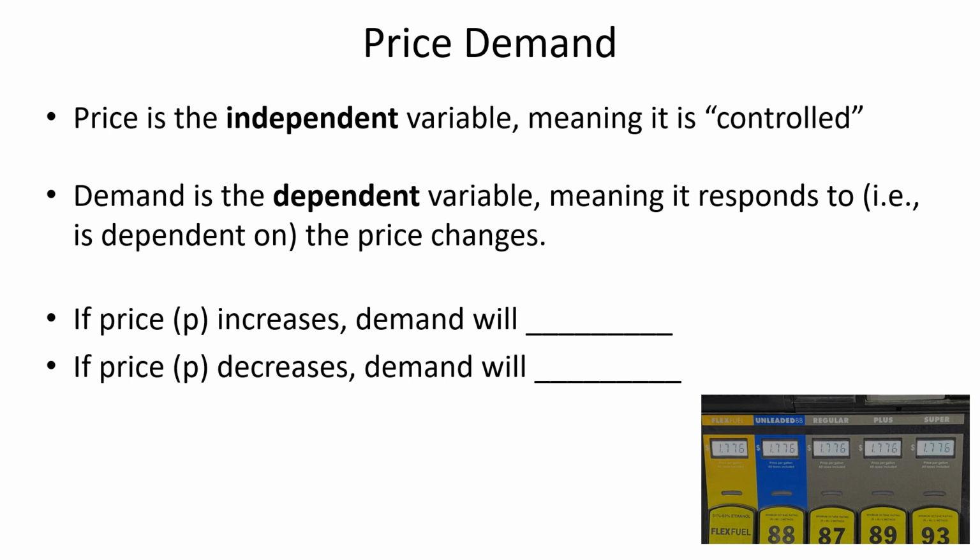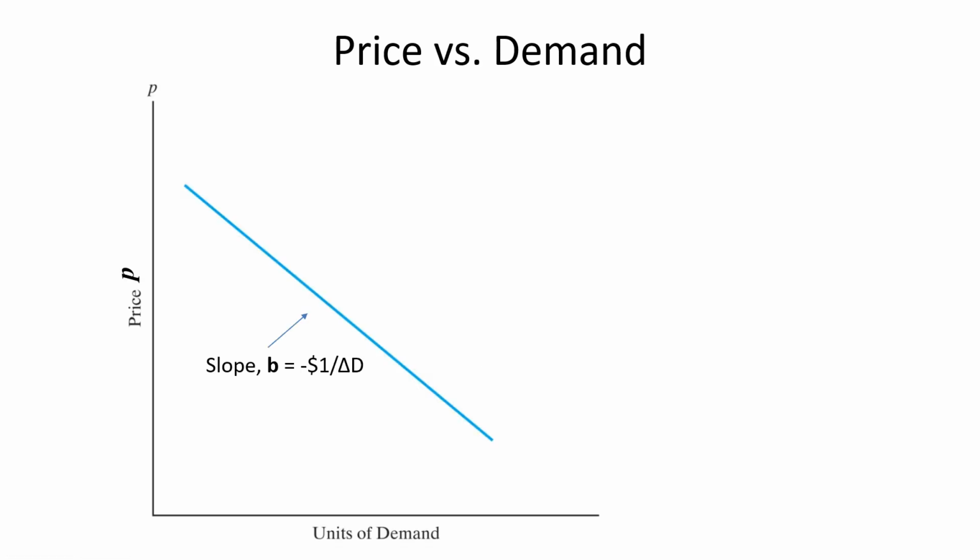So you can only indirectly control demand for a product through the price. And so you could fill in the blanks here. If price increases, demand will decrease. If price decreases, demand will increase. So that's the rough lay of the land. Now, if we get a little bit more specific, we could graph the relationship between price and demand. It's not always going to be linear like is suggested here.